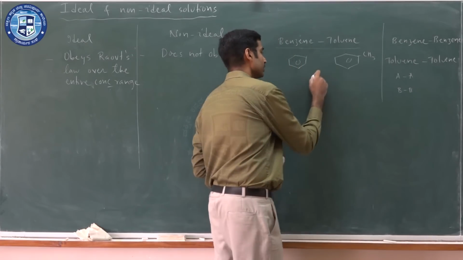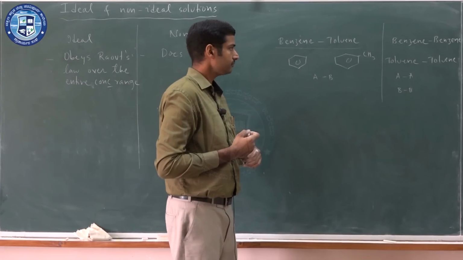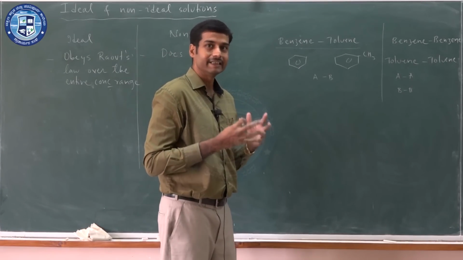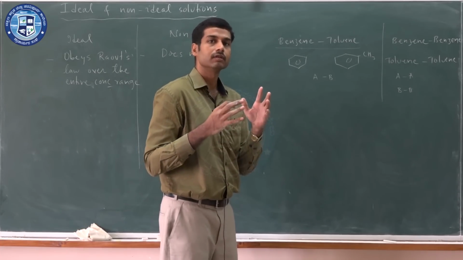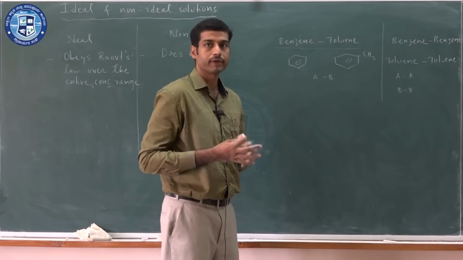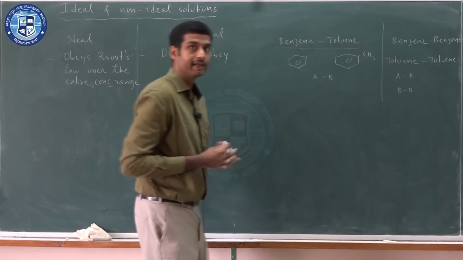The interaction in solution now will be an AB interaction. Such systems wherein the intermolecular interaction in pure components is equivalent to the intermolecular interactions between the components in the solution will form an ideal solution.